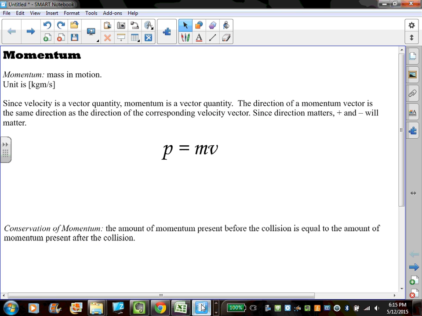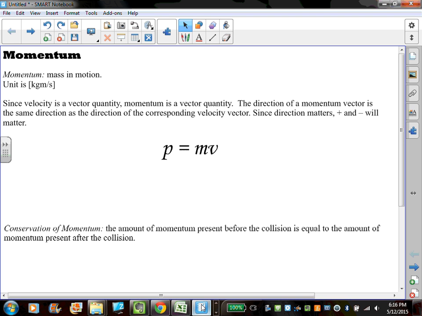I do want to keep that, okay? The direction of the momentum vector is the same as the direction of the corresponding velocity vector. Okay, so velocity is a vector, which means momentum is a vector. And since direction matters, positives and negatives are going to matter. You're going to have to keep good track of them during this unit.